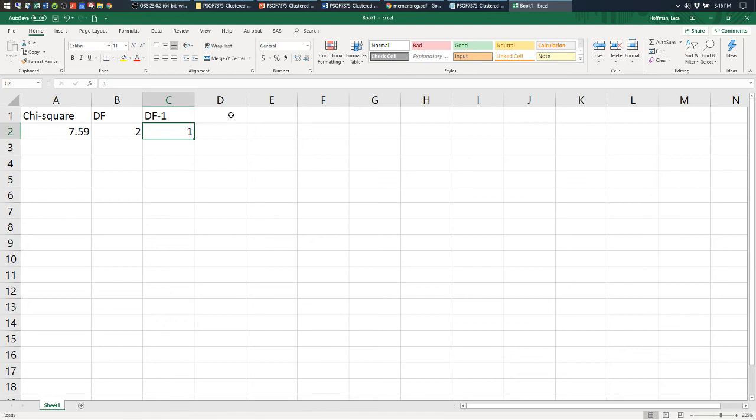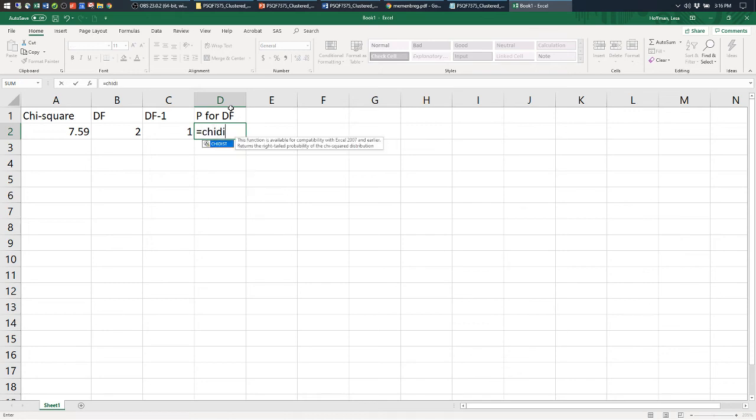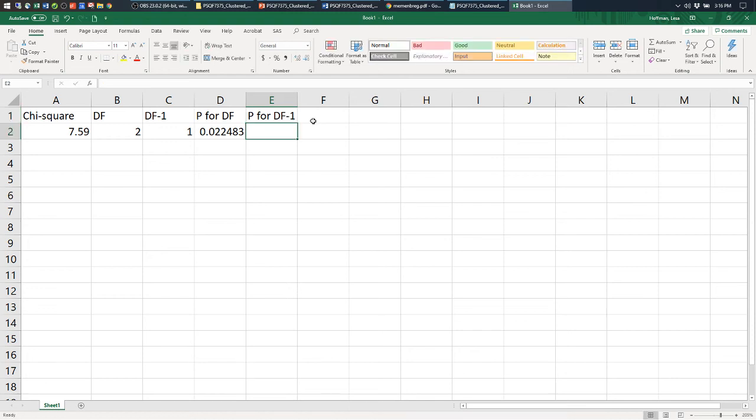So we can do the p-value for degrees of freedom equals function chi-dist, chi-square value, degrees of freedom. Okay, so that's the p-value if you just use regular old degree of freedom. The p-value for df minus 1, same idea, chi-dist, chi-square, that degree of freedom.